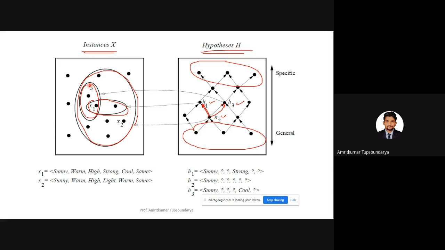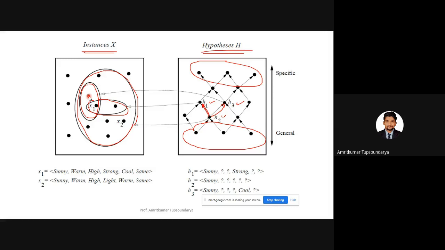So neither set subsumes the other, right? They themselves don't subsume the other, right? There is one instance here which is not an instance of H1, and there is one instance in H1 which is not in H3, right?